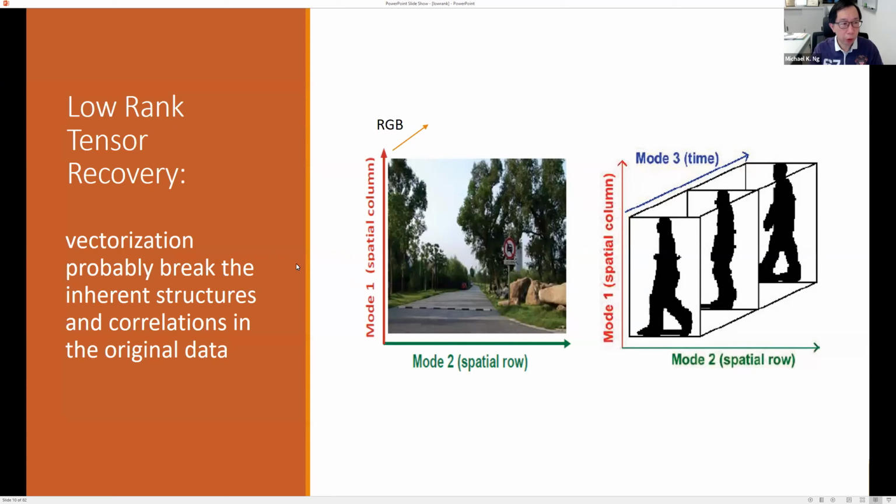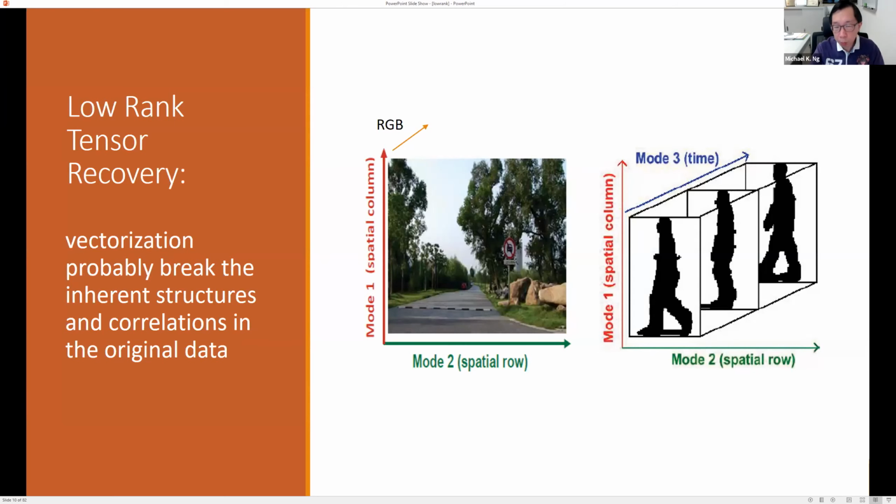Because with simple vectorization, where you just make a third-order or fourth-order tensor into a simple, bigger matrix, you will break the inherent structures or the correlation in the original data. For example, in time, if you arbitrarily rearrange it, that will affect the dependence. The same for the pixel values: even though we know they are highly dependent, how do we exploit it?